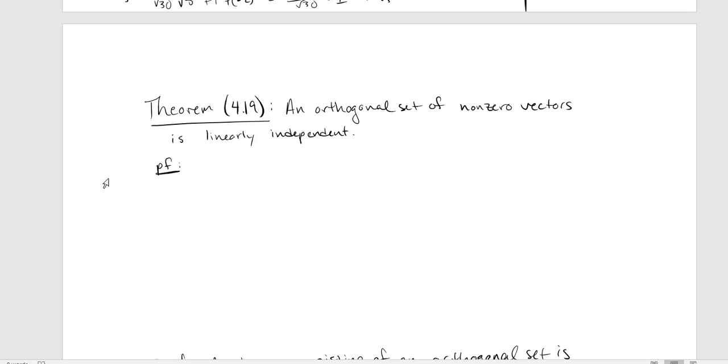Let's see this theorem here. Nice fact about these sets we're talking about: an orthogonal set of non-zero vectors is linearly independent. Well, how can we show this? This is not too bad.